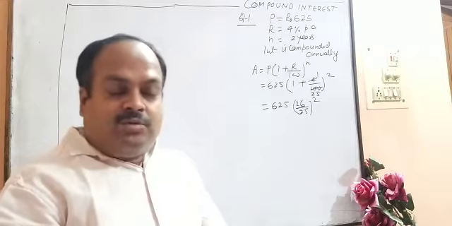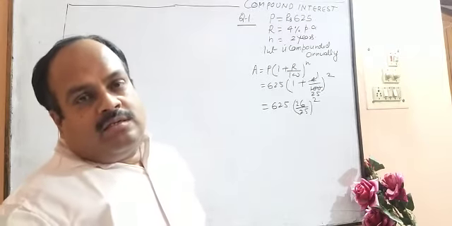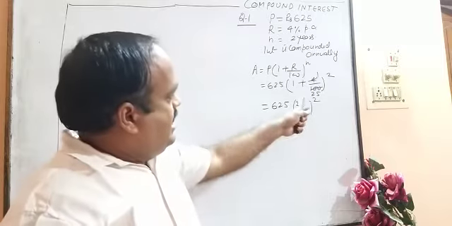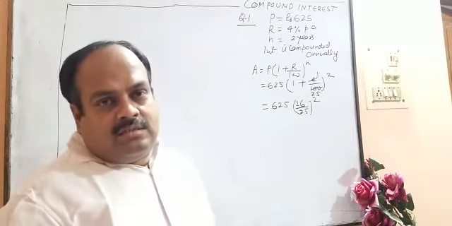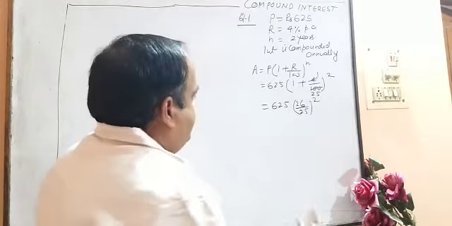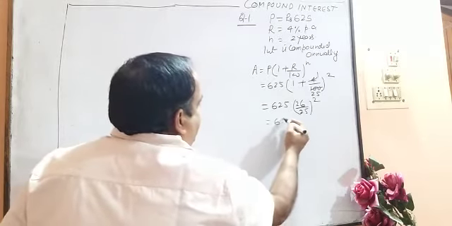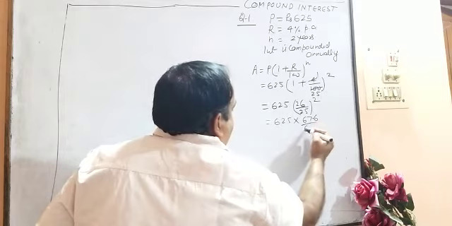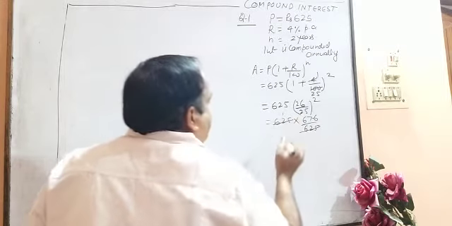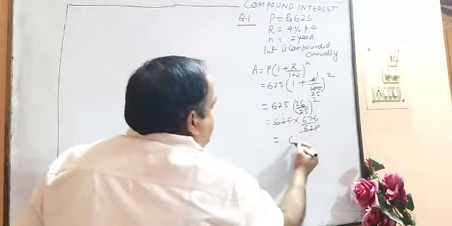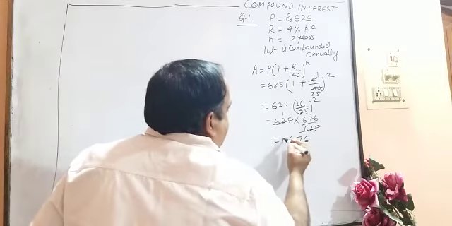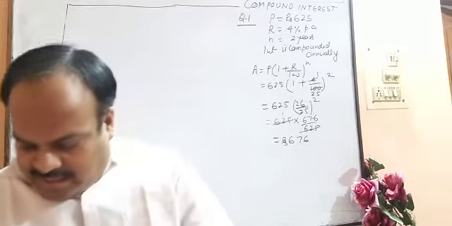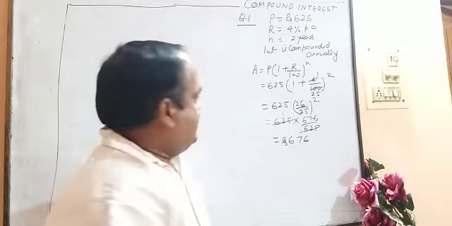I think you know that 26 square is 676 and 25 square is 625. So we get 625 into 676 upon 625. So the amount is 676 rupees.